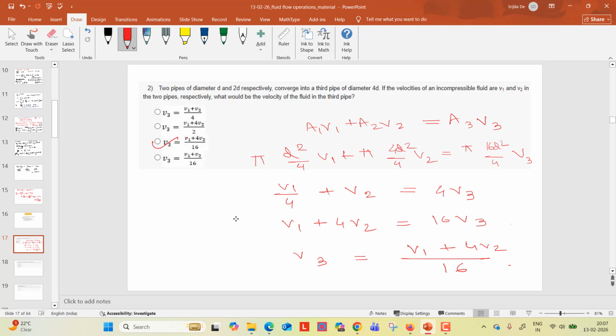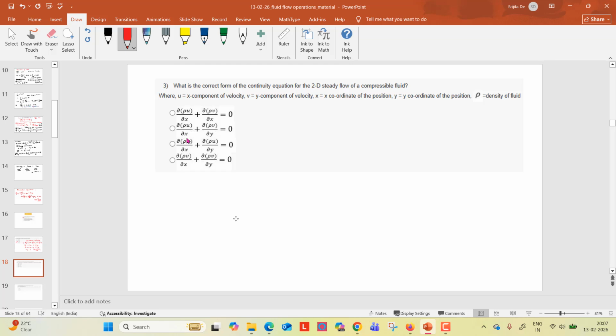Next, what is the correct form of the continuity equation for the 2D steady flow of a compressible fluid? For the compressible fluid, we have seen the equation as del rho by del t plus divergence of rho V equals 0. As it is a steady flow, only divergence of rho V equals 0 will be there.